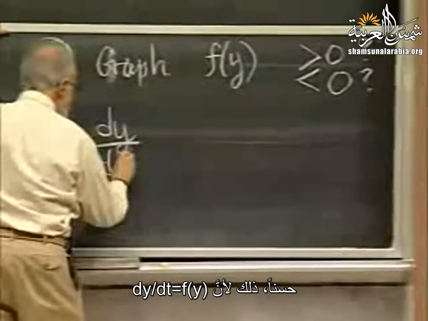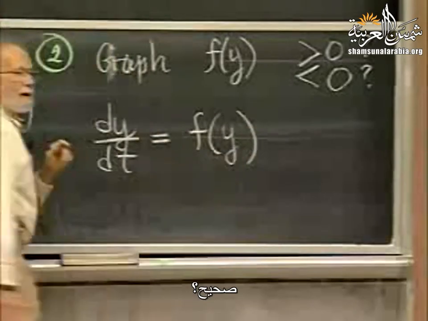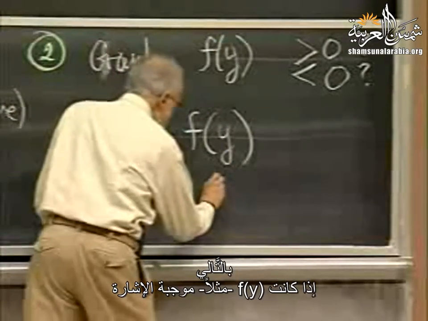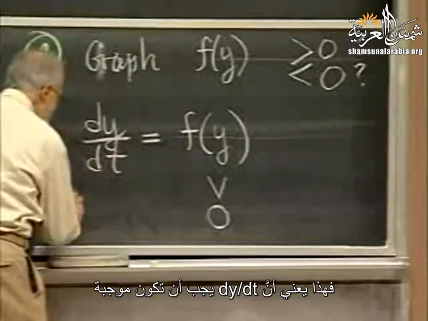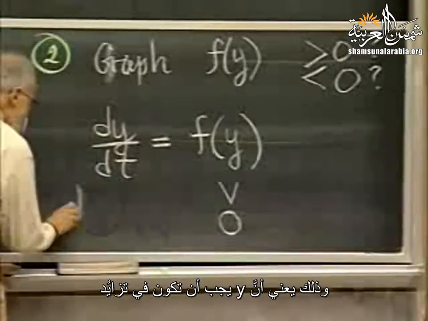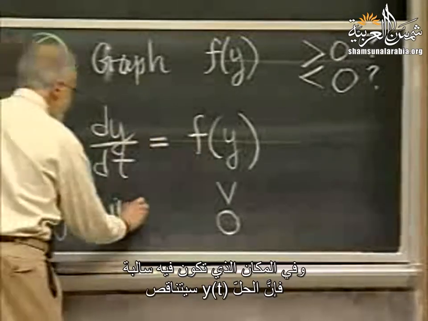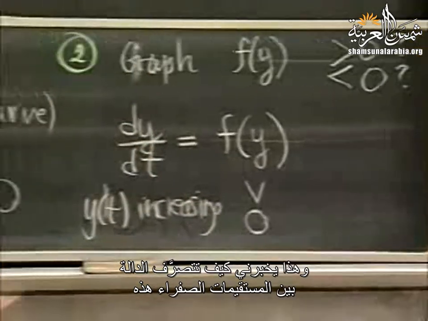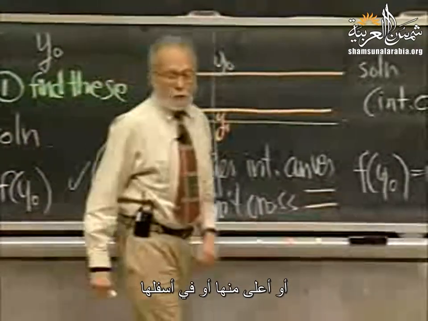Well, because dy/dt is equal to f of y. That's what the differential equation says. Therefore, if this, for example, is positive, that means dy/dt must be positive. It means that y must be increasing. The solution must be increasing. Where it's negative, the solution will be decreasing. And that tells me how it's behaving in between these yellow lines, or on top of them, or on the bottom.